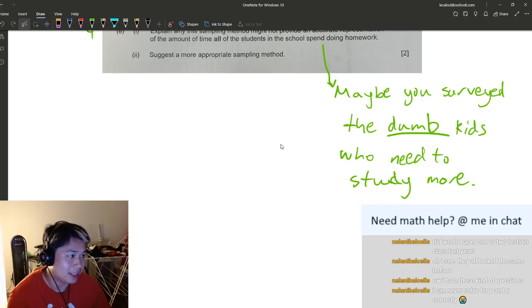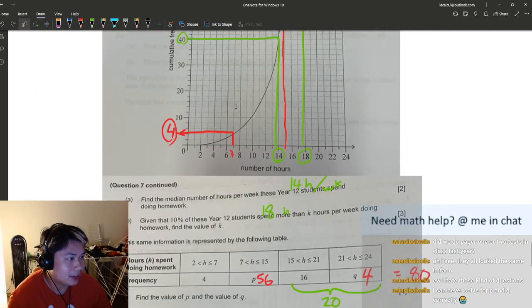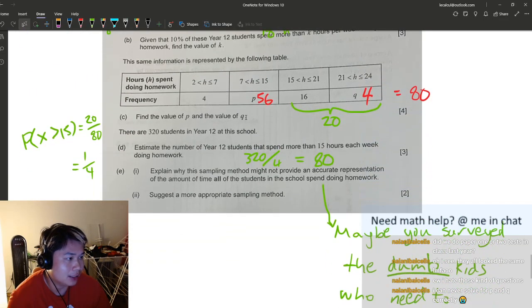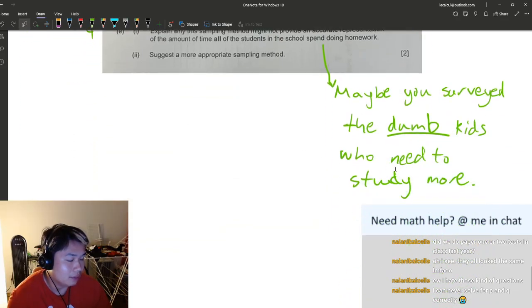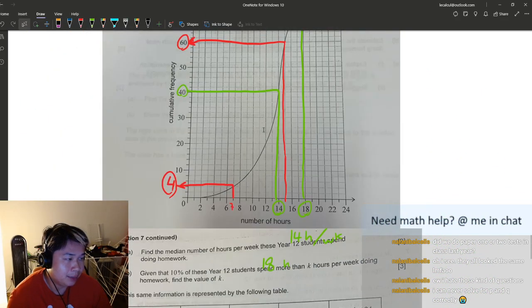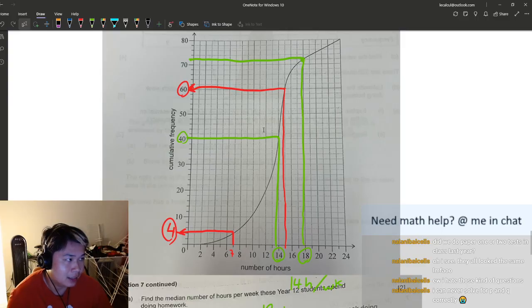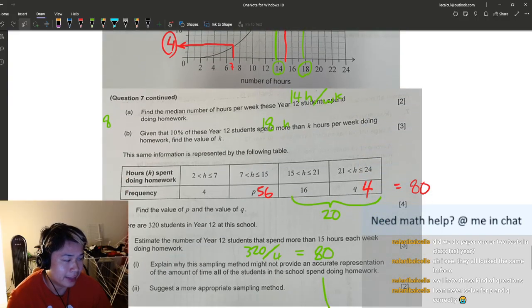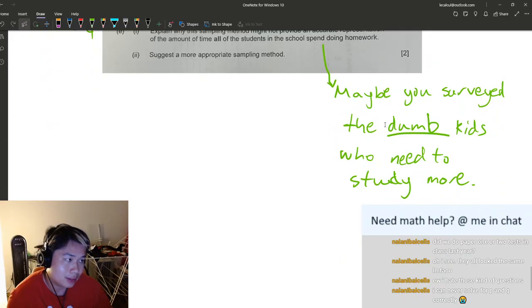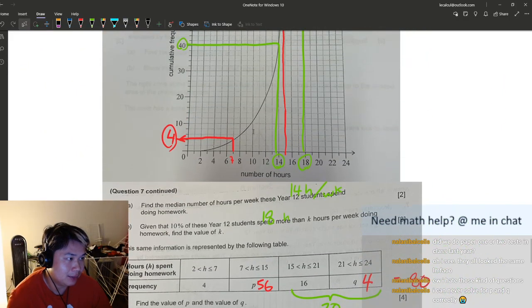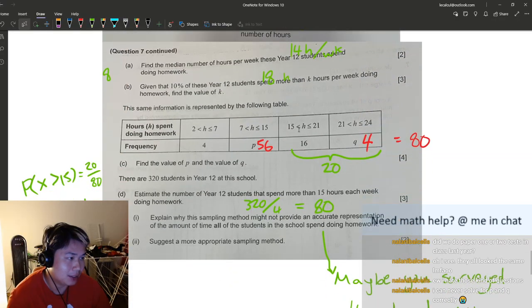Whatever, just make up something, right? How can you extrapolate 80 students to 320? Maybe you surveyed the IB students, and then the rest of the school isn't necessarily IB. Or like I said, maybe these 80 students are really dumb, and they're spending way too much time doing homework compared to the rest of the school.